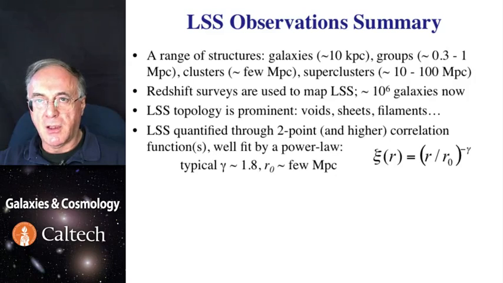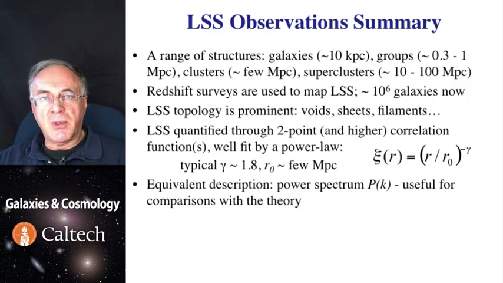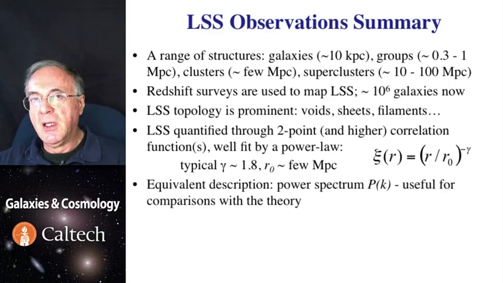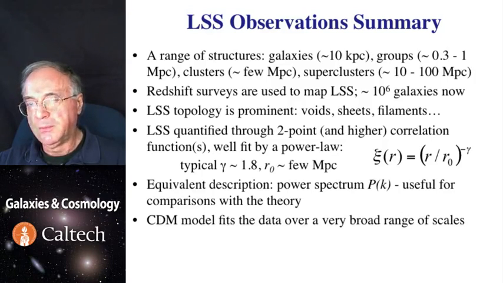For clusters, it's larger, corresponding to larger amplitude of clustering. And whereas we can easily measure the two-point correlation function for any kind of objects, to compare them with theory, we actually have to turn the two-point correlation function into a power spectrum. And fortunately, the two are equivalent and they're a Fourier pair, so we know how to compute that.